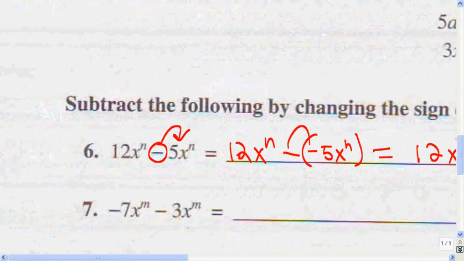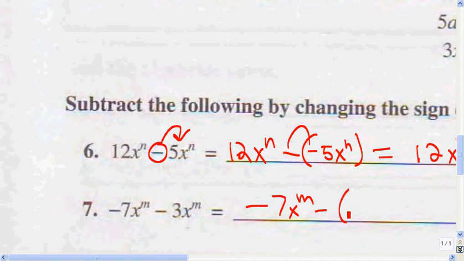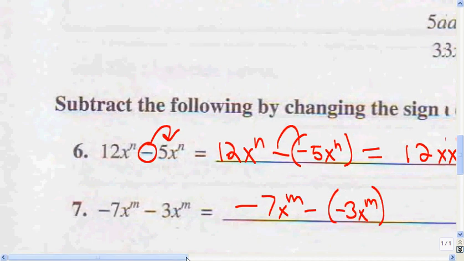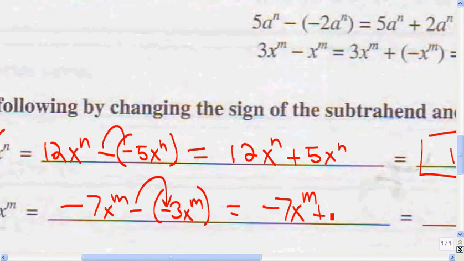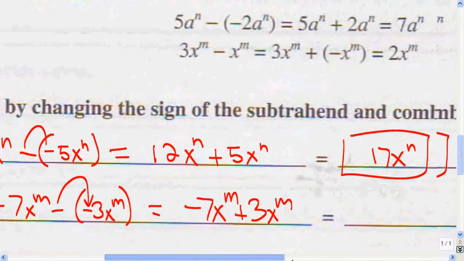Here, negative 7xm minus a negative 3xm. Since this negative is telling us to take away this negative, we get negative 7xm plus 3xm, and what that equals is 4.